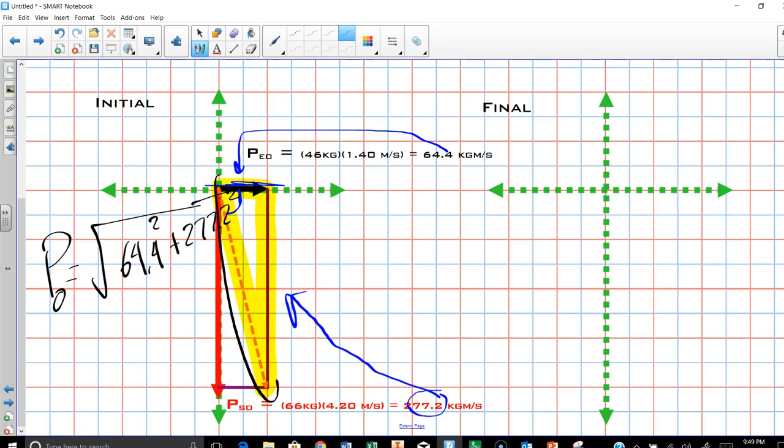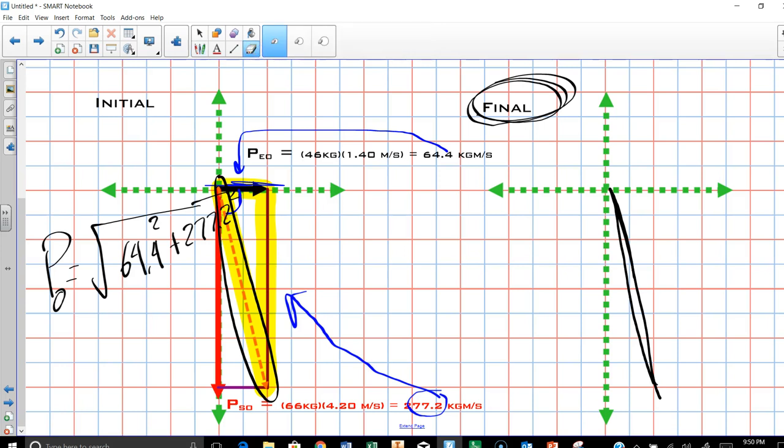That is this vector. That is the momentum before. Well, since the forces are all internal between the two objects, what does their momentum afterwards have to be? You got it. It's got to be the exact same vector. In fact, here, we'll even draw it.